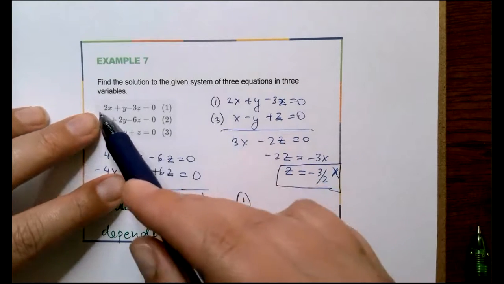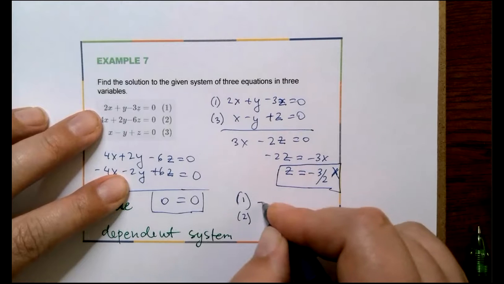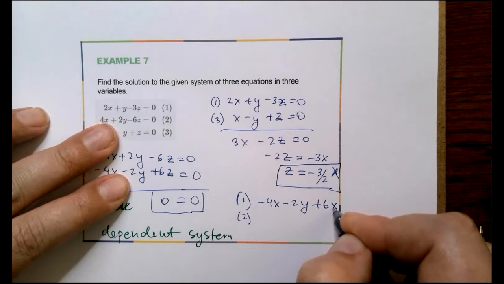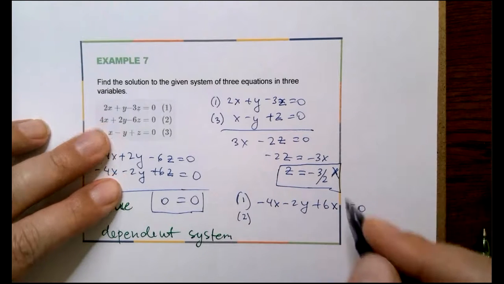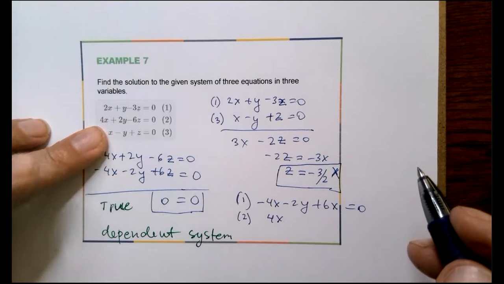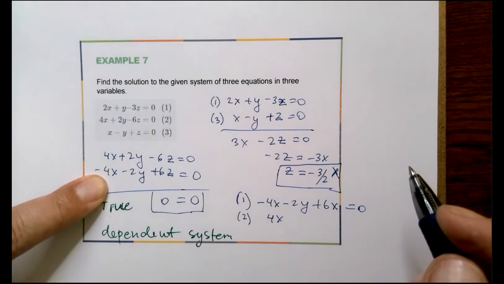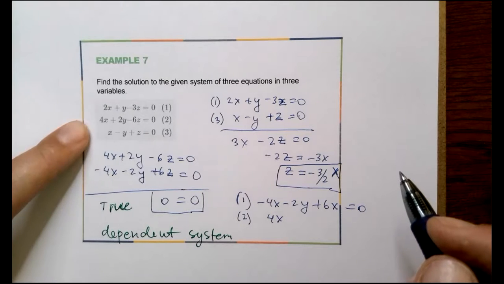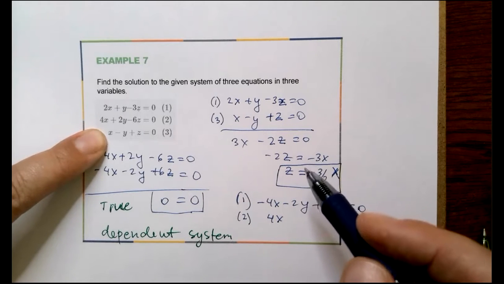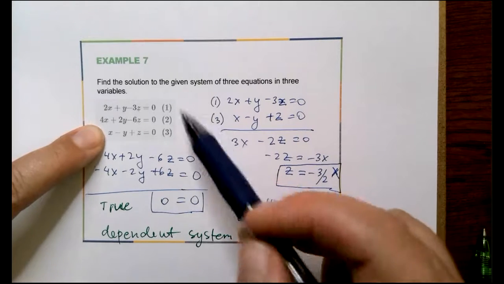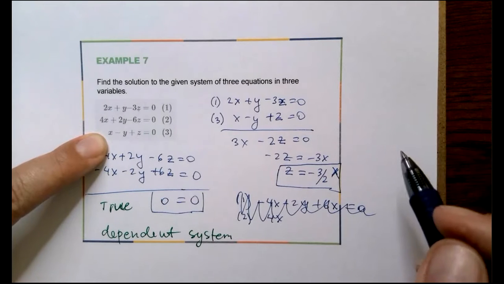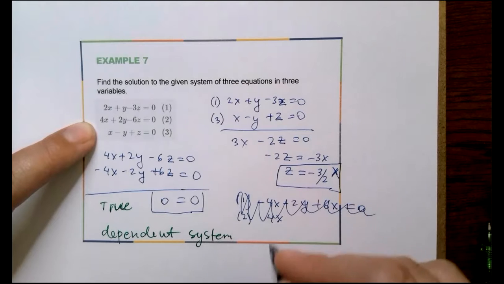But everything canceled out, so let's stick with 1 and 3, or we could do 2 and 3.